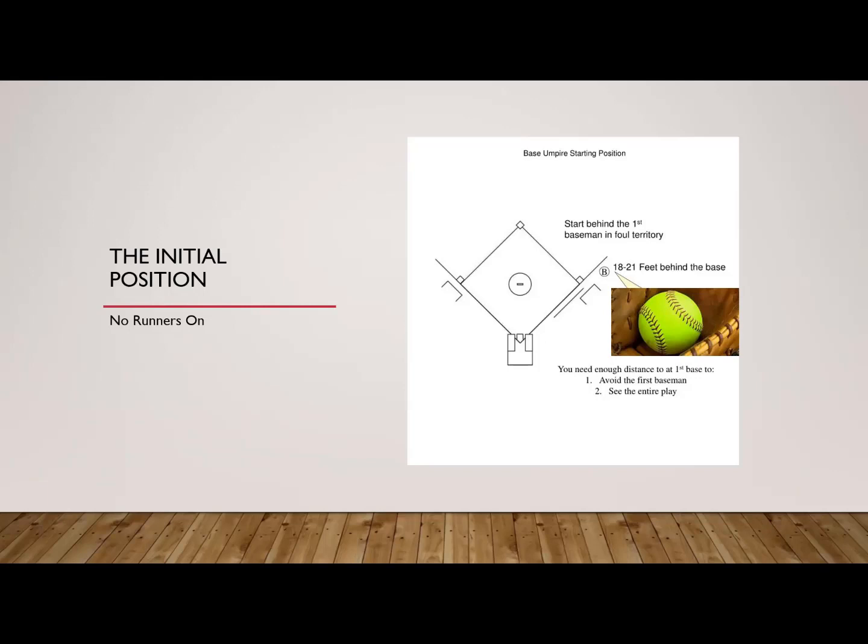But while you're in the A position, you're also looking at the pitcher because you're looking for illegal pitches, hops, things like maybe her feet are not in contact with the pitching plate. As a base umpire, those are some of the other things that you're responsible for taking care of. Linda, why do we walk the line?